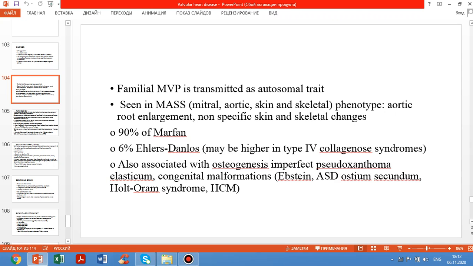Also associated with osteogenesis imperfecta, pseudoxanthoma elasticum, congenital malformation, Ebstein anomaly, atrial septal defect ostium secundum, and Holt-Oram syndrome. Hypertrophic cardiomyopathy is also a cause.